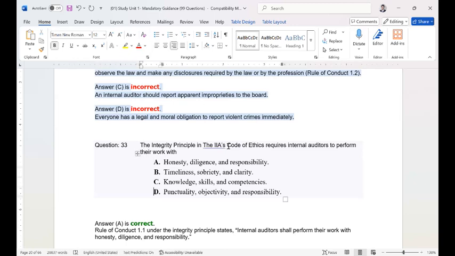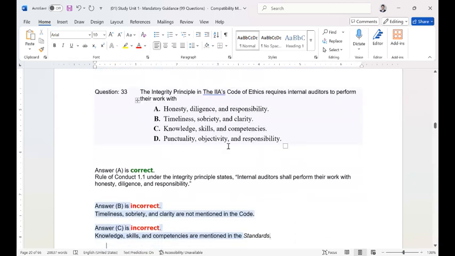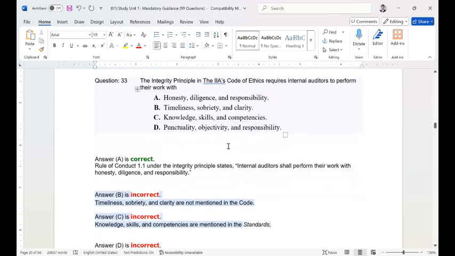Then A is correct. Now let's go to C. Knowledge, skills, and competencies are mentioned in the standards, apparently.